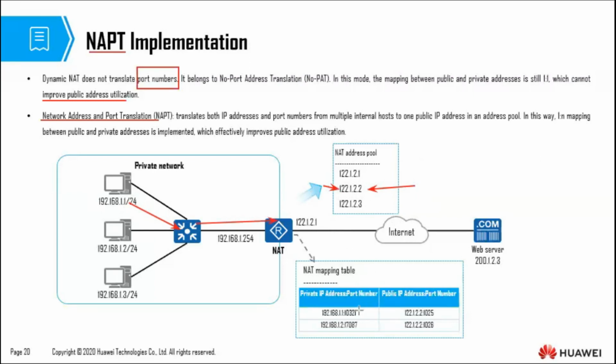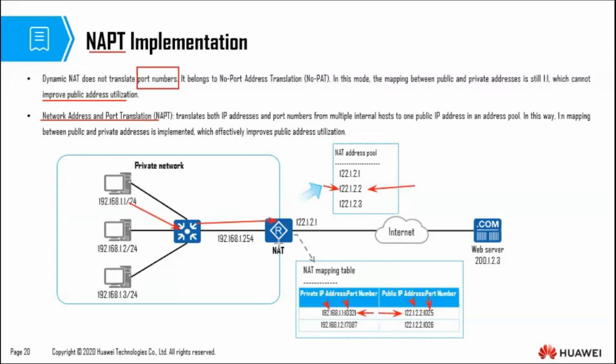But other than that, we also look at their port number. They have come in with 10,321. So you can see we have the IP address, but also the port number. So we map them to that IP address and the port number 1025. Then we send that packet out.